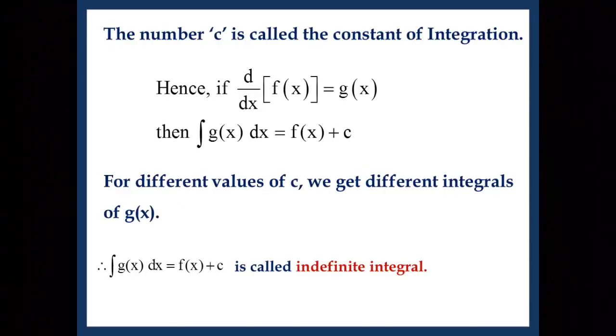The number c is called the constant of integration. Hence, if d/dx of f x equals g of x, then integral g of x dx equals f of x plus c. For different values of c, we get different integrals of g of x.